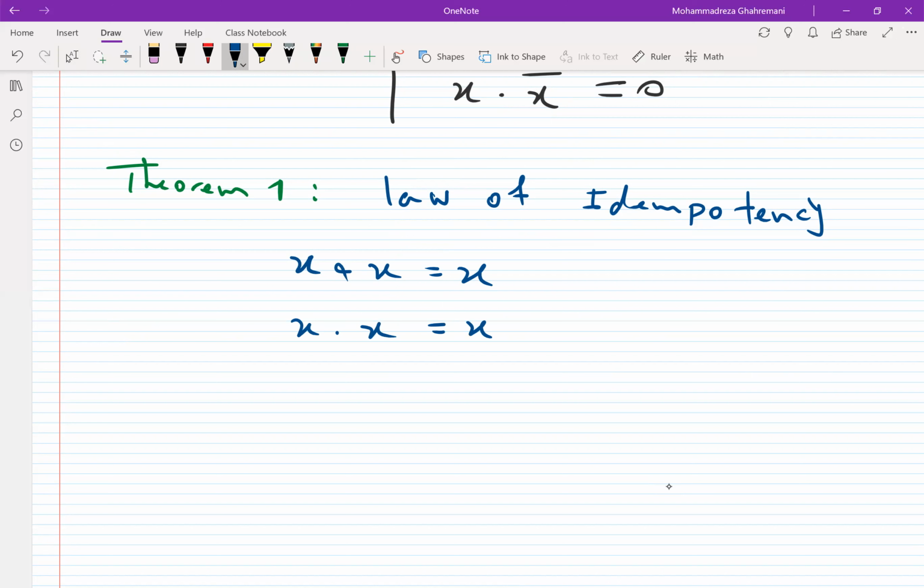So if you AND or OR any variable with itself, the result is the variable.